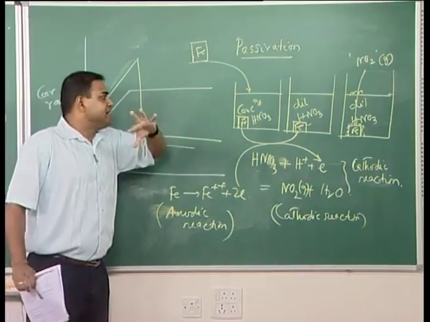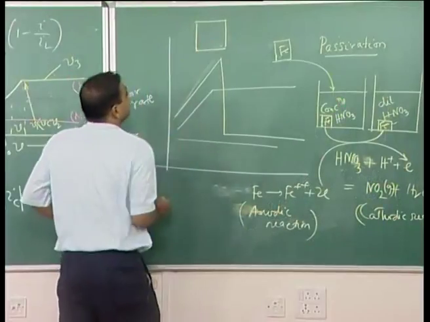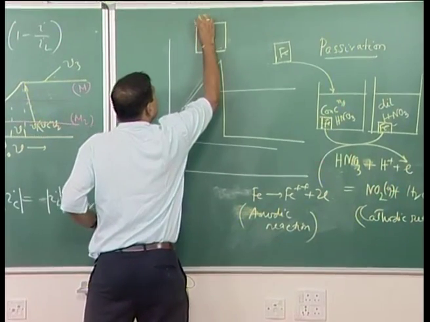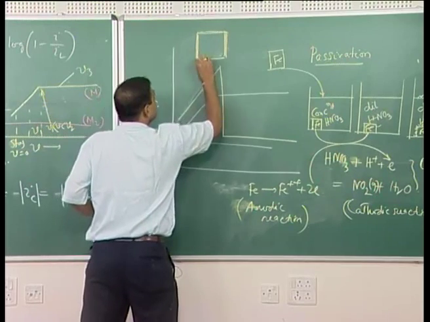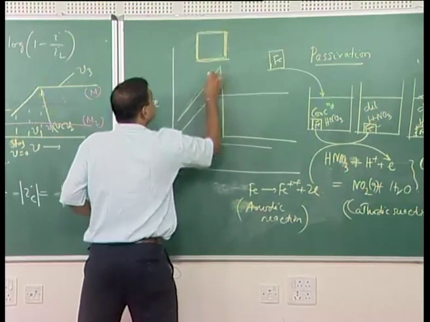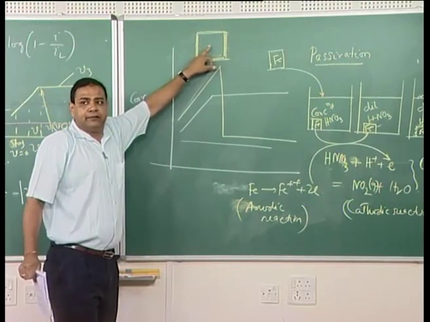So, if there is inherent protection, you have this iron piece, and on top of this you have a small layer of oxide which is preventing contact between HNO3 and iron surface.